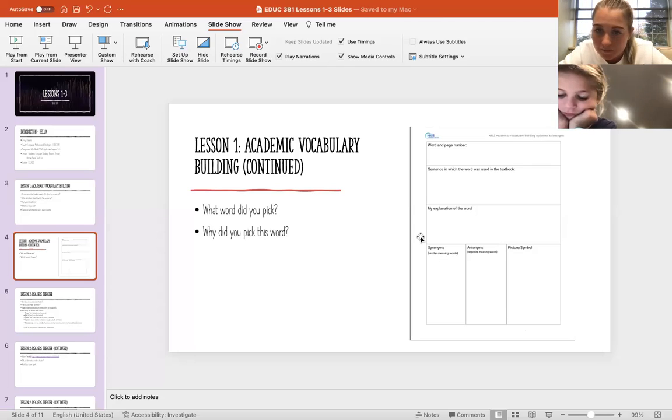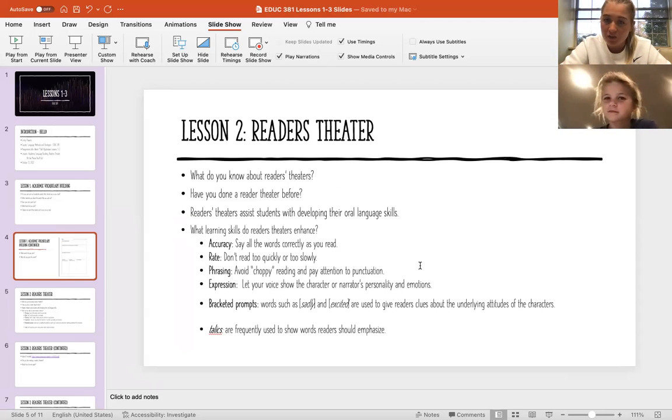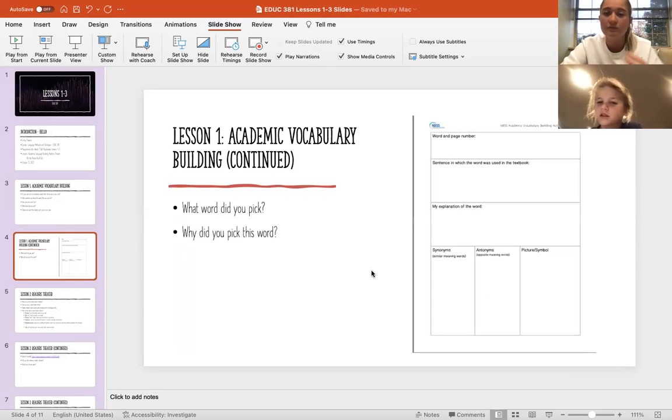So now that we used our clues within our sentence to figure out what the word means, what was your explanation of the word? Relentlessly. Yep. So what did you say relentlessly meant? Like it came down hardly on you. Mm-hmm. Can you see the worksheet right now?